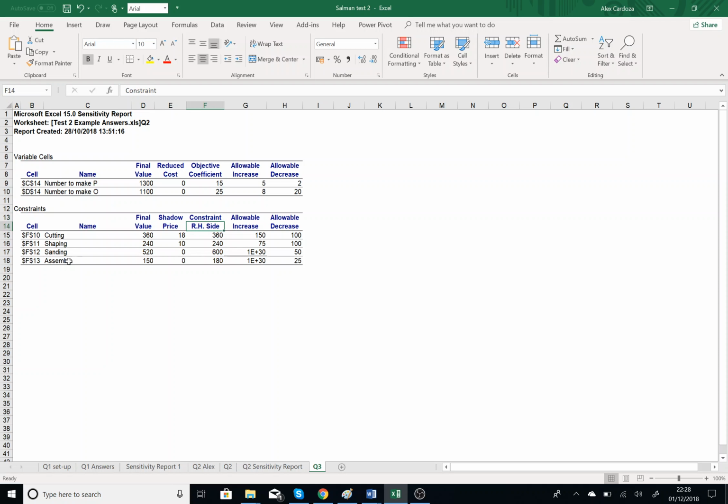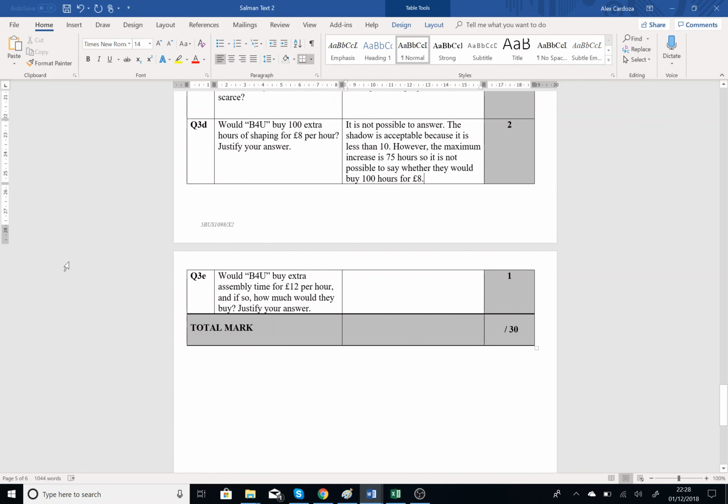Yeah, okay. And the constraint side tells you what your constraint is. The allowable increase shows you how much you can increase it. Your allowable decrease shows how much you can decrease it. Anything outside those numbers should be rejected. So in this case, the shadow price is 0, so it's not a scarce resource, and they wouldn't be willing to pay anything for it.